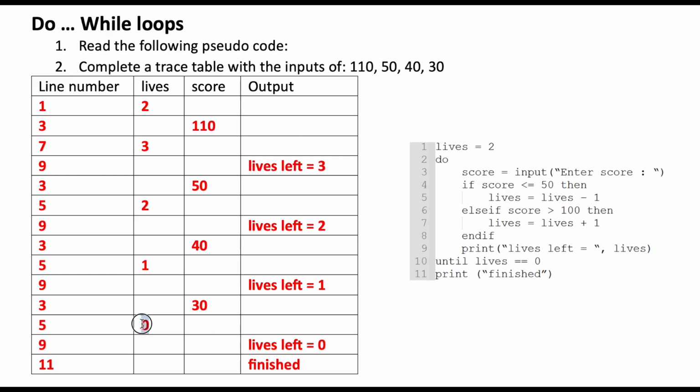Well, lives is 0 now, so therefore this is true. So the execution of the loop will stop. And we now move on to our line 11, which will print the string literal finished. So here we can see our line 11 with the string literal finished.